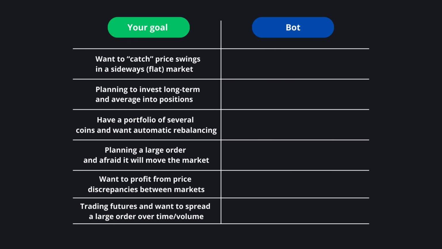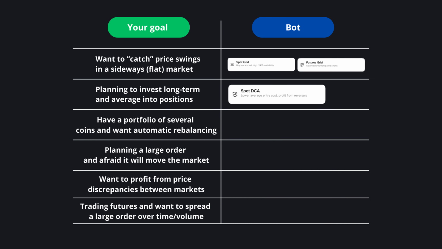Now let's think about which bot is suitable for what. If you want to catch price fluctuations in a calm market, use spot grid, or futures grid if you are ready for risk. If you want to invest long term and average your entries, use the spot DCA bot. If you have a portfolio of several coins and want to automatically maintain balance, use the Rebalancing Bot.